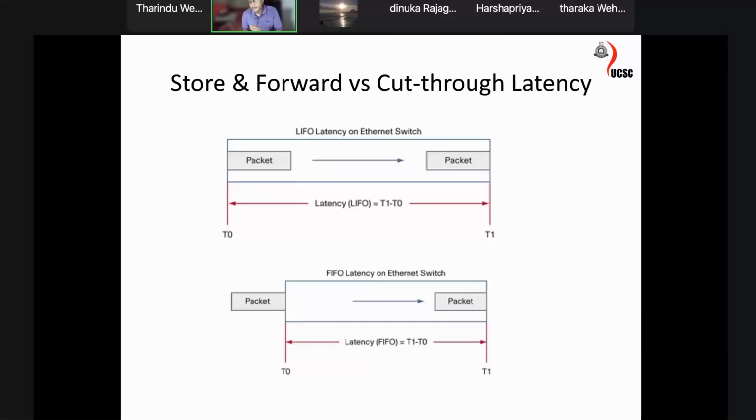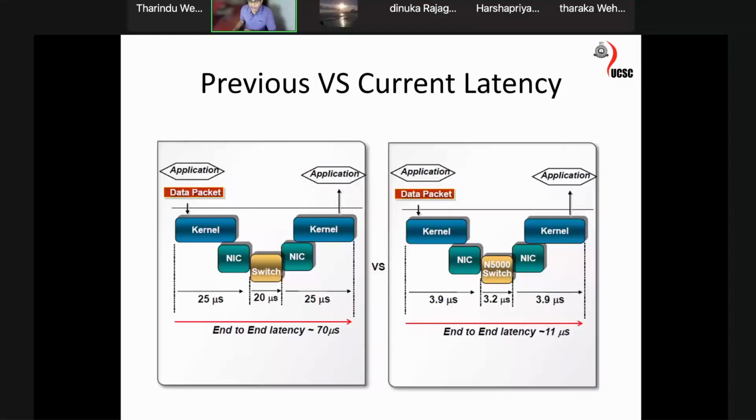So there are advantages and disadvantages, but if you need a low latency data center environment, you need to consider cut-through switches rather than store and forward, which adds more latency. A normal switch adds 20 microseconds port-to-port latency, but the cut-through switches are sub-microsecond these days.